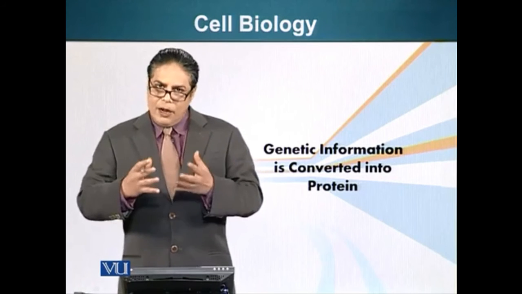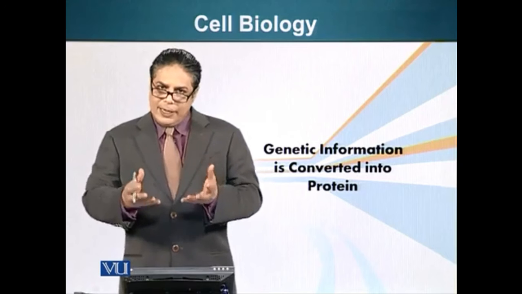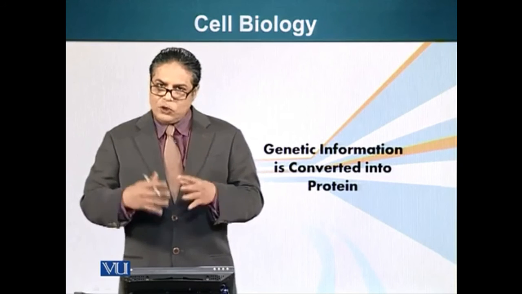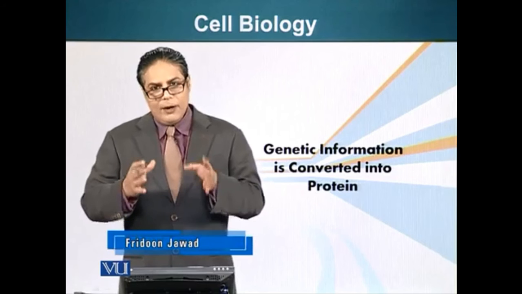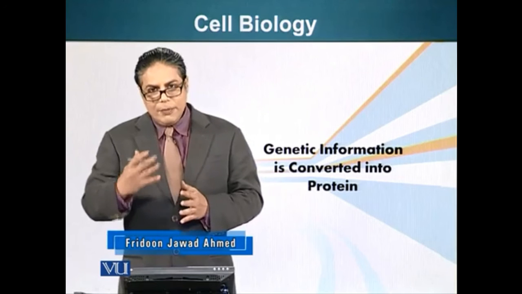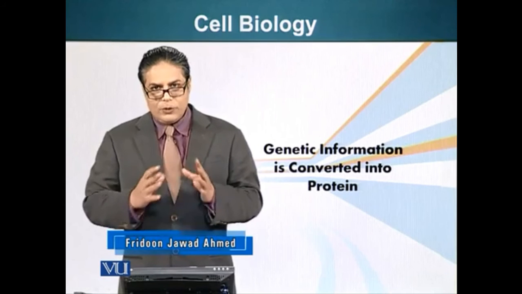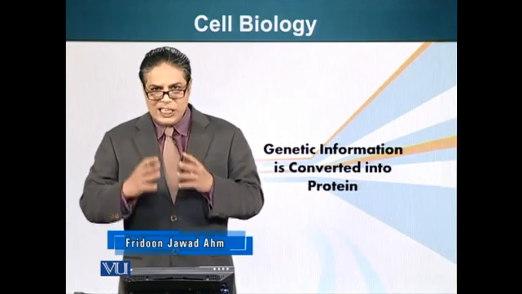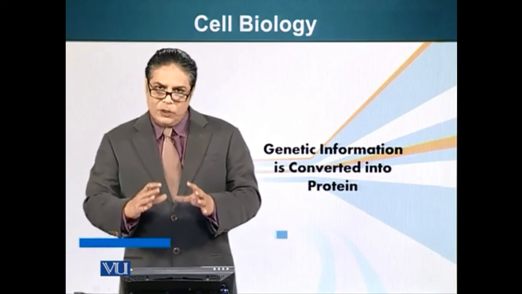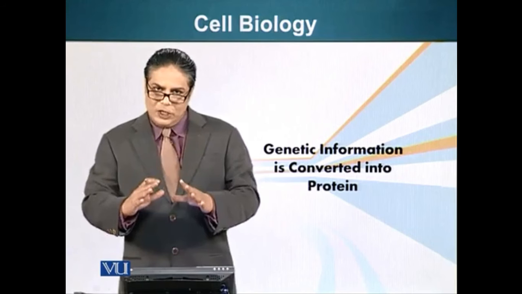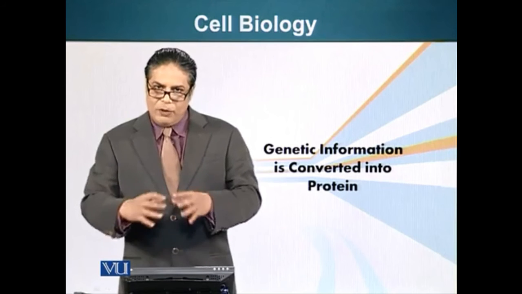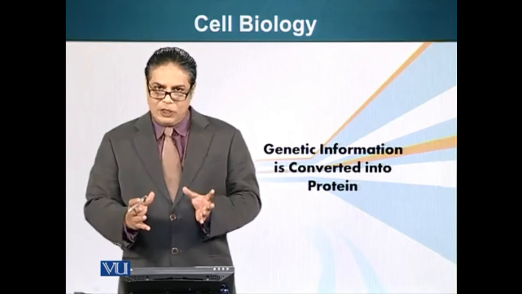A CD, a compact disc, can contain several songs, but the songs will not play on their own. They require specific machinery to do that. Similarly, DNA also requires certain machinery to be able to communicate its information to the cell and modify or change the cellular function.